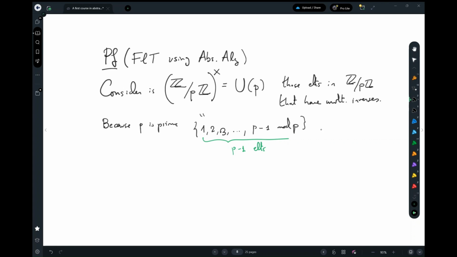So the size of this group is precisely p minus 1. And now by Lagrange's theorem, the order of every subgroup divides p minus 1. So now let a be some element, some integer. Let's just say it's an integer. Let a be an integer.